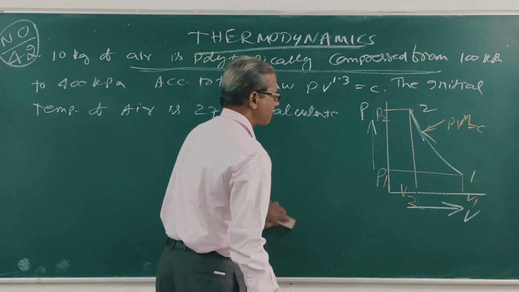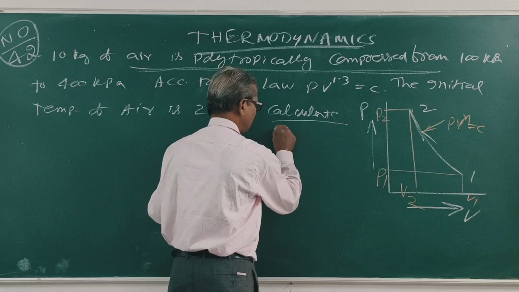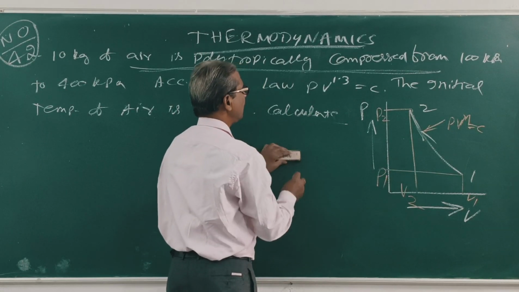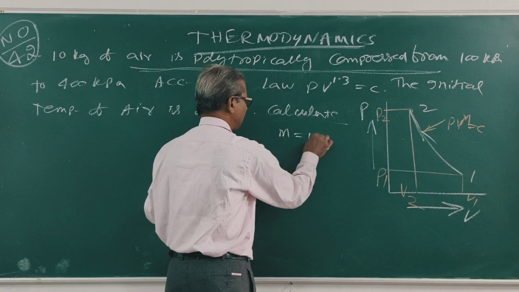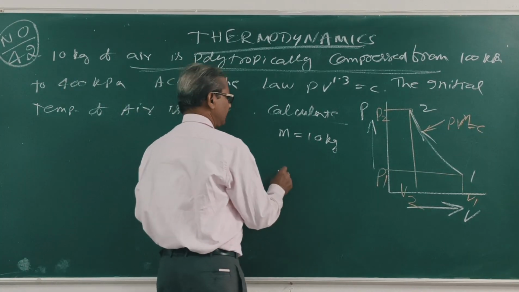Given data: mass m is equal to 10 kg of air. This is air.